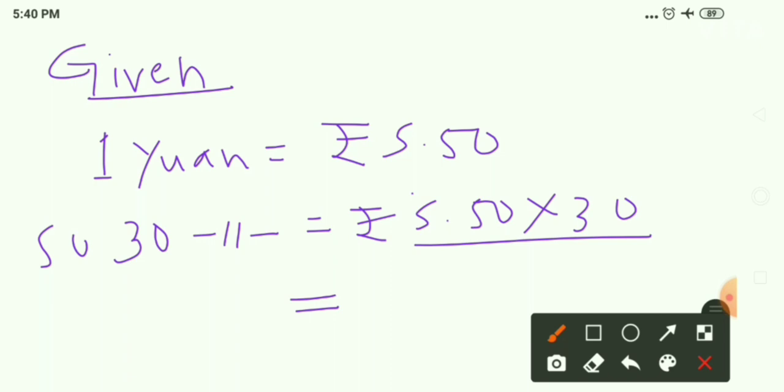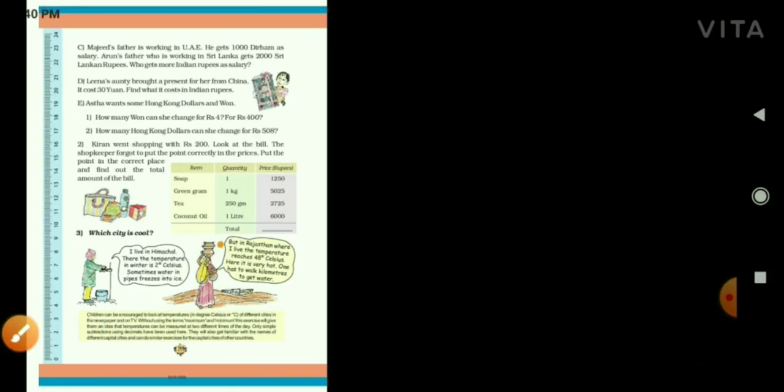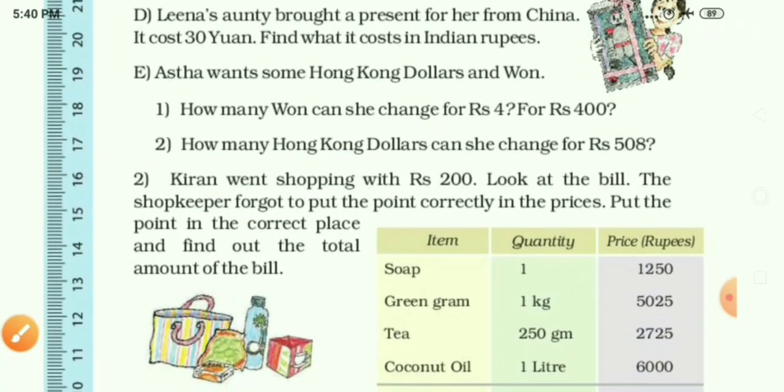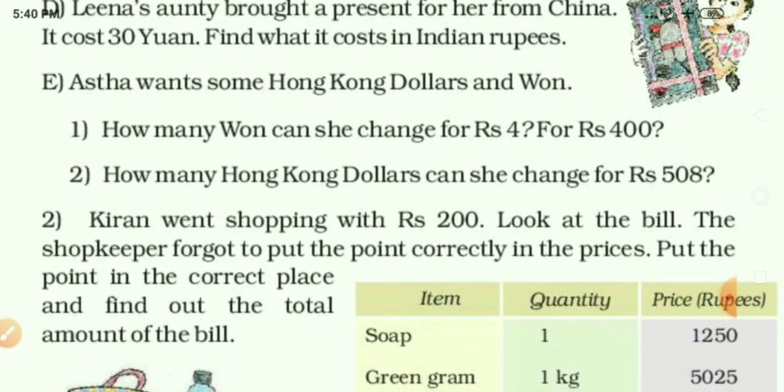It is 3 fives are 15, 1 carried, 3 fives are 15 plus 1 is 16, and 2 zeros are here. Now count the digits after the decimal. 1 and 1, 2. 165 we got. Okay, so 30 yuan will make 165 rupees. Now come to the next question. D we have solved. Now E. Astha wants some Hong Kong dollars and won.